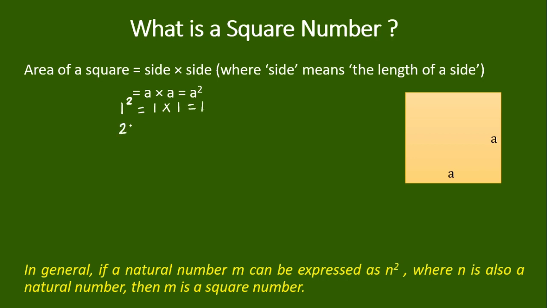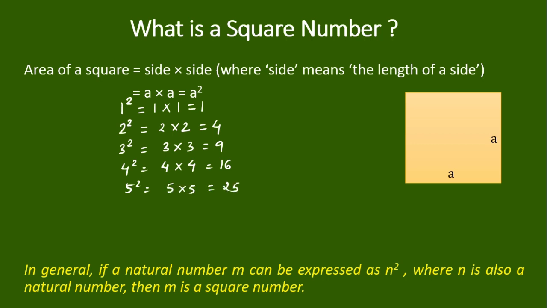Similarly, 2 square is equal to 2 multiplied by 2, that is equal to 4. 3 square is 3 multiplied by 3, that is equal to 9. 4 square is equal to 4 multiplied by 4, which is equal to 16. 5 square is equal to 5 multiplied by 5, which is equal to 25, and so on.